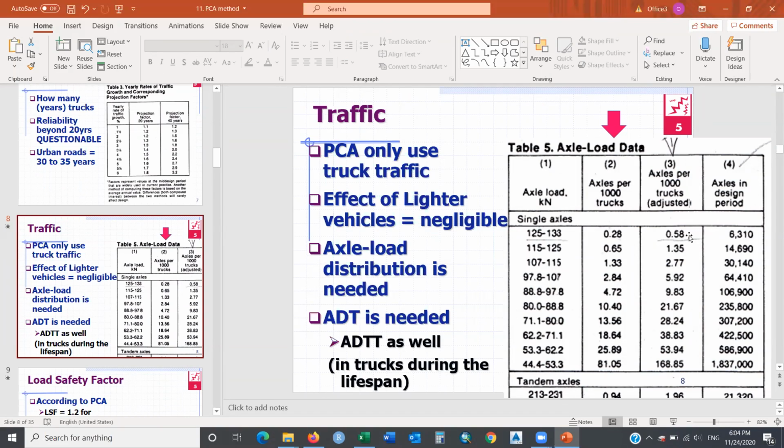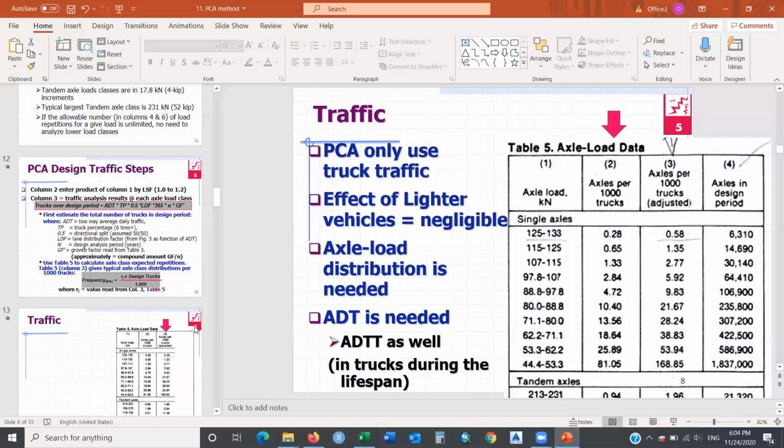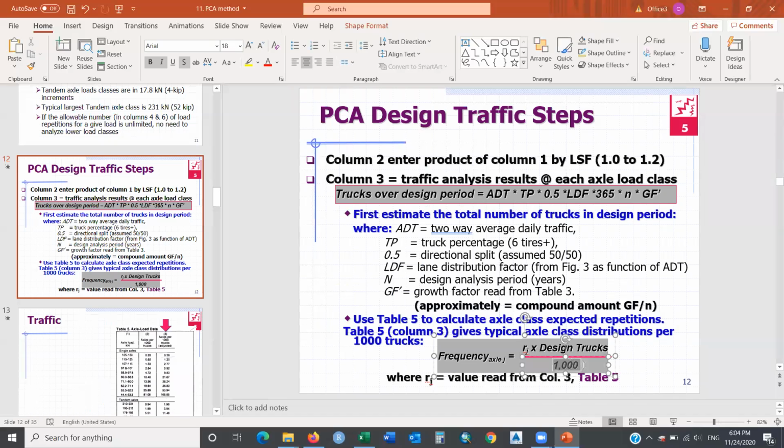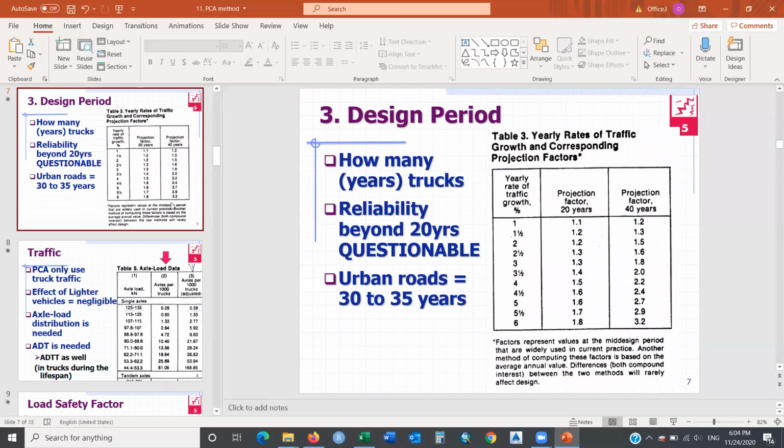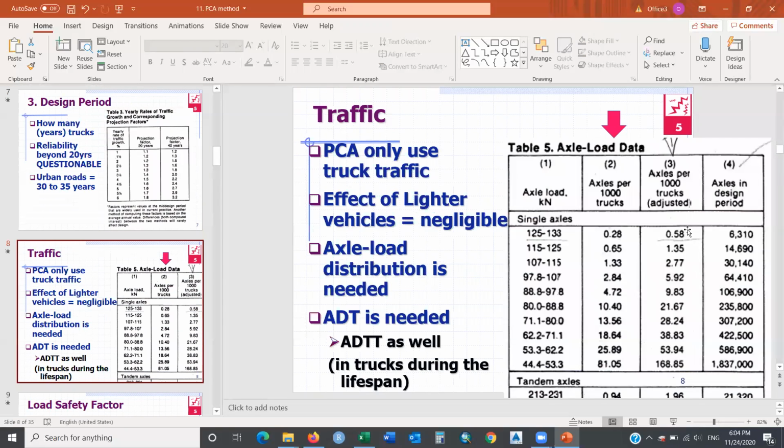Otherwise, if you multiply by the total number of trucks on the design lane, on the design life, you will have to divide by 1,000. So to avoid that division, you work out that division right here. And this RJ is the per 1,000 value that you read from this table. So the 0.58 is the RJ for this group. The 135 is the RJ for this group. The 277 is for this group, and so on and so forth.